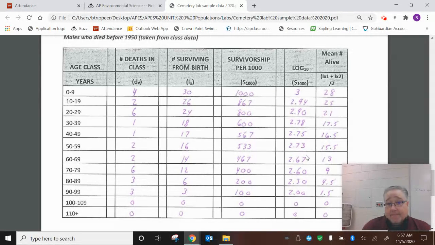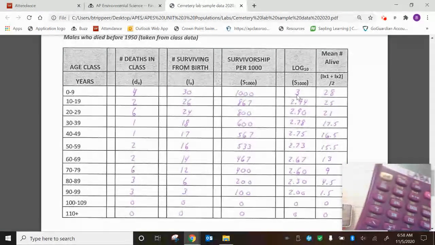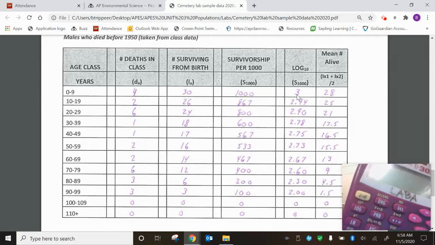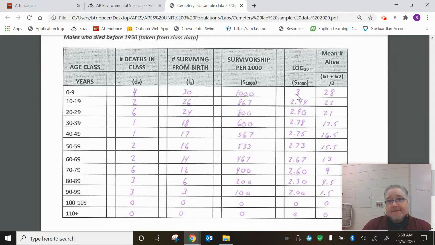Now this fourth column is really easy. All you're going to do on your scientific calculator is find your log button, which is right there. You see it there, LOG. All you're going to do is take the log of your survivorship.